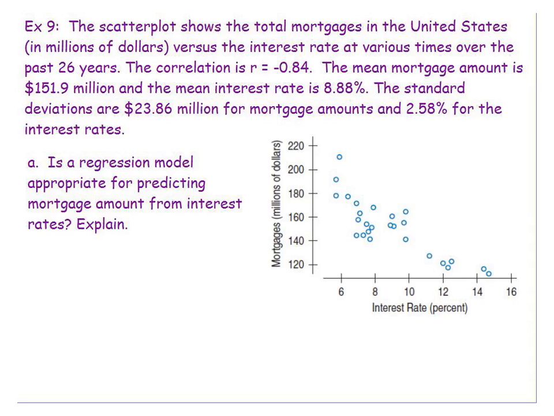There are 2 things that you always have to check. The first thing you have to check, is the data quantitative? And then the other thing you have to check is, does your graph look somewhat linear? If you answer yes to both of those, then you're good. So is this data quantitative?